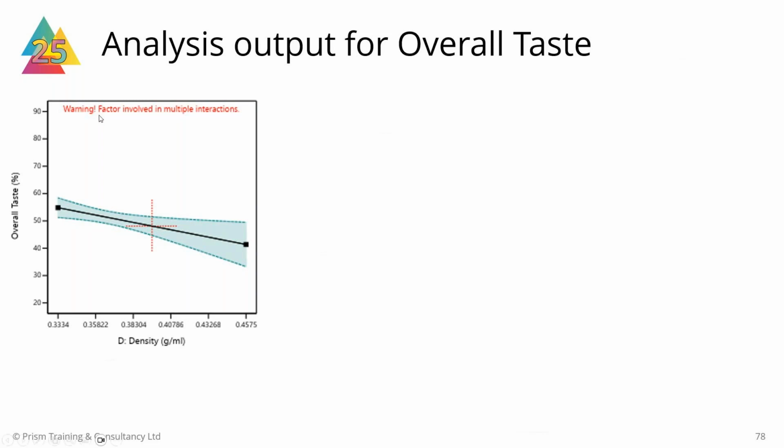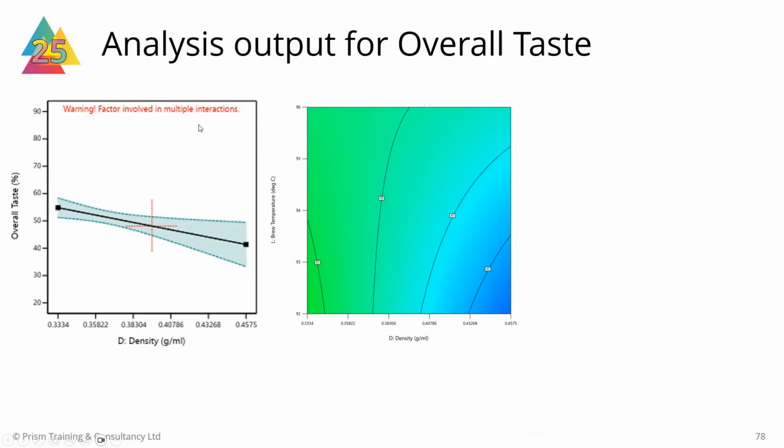But you'll see at the top here, it points out that density is involved in multiple interactions, and here's one of them: density by brew temperature. That's something I can control. I just press a button on my machine to ramp the temperature up or reduce it. And so depending on what my measured density is, I can choose different parts from this contour plot simply by adjusting the brew temperature to try and improve the flavor for the density I've measured.